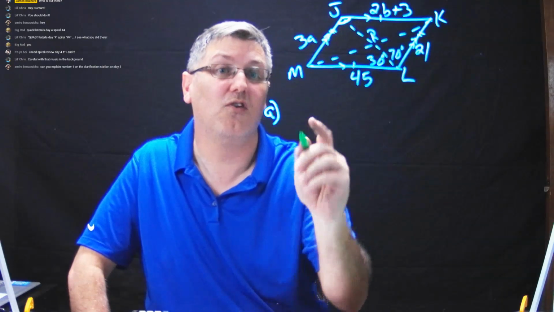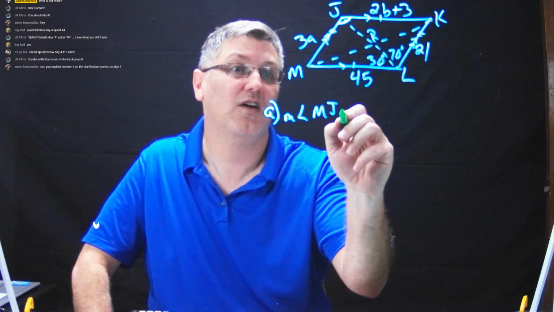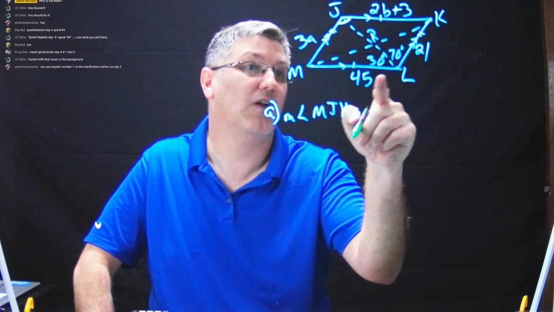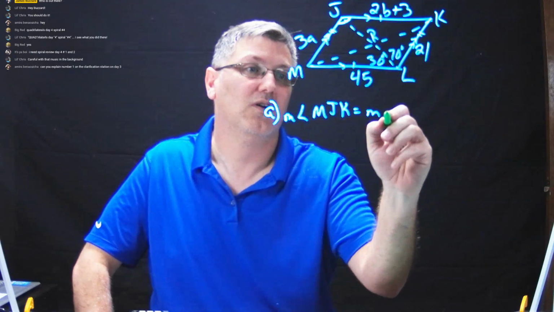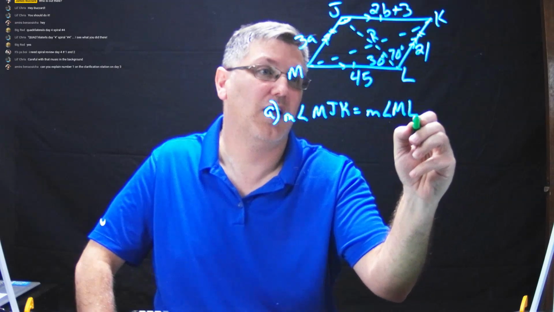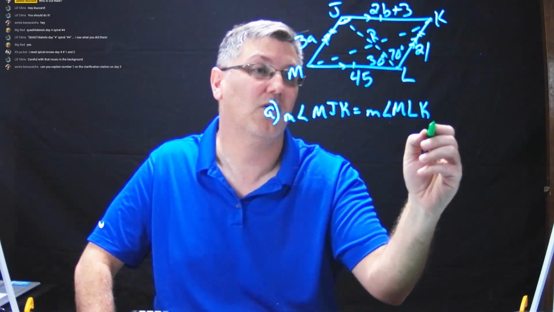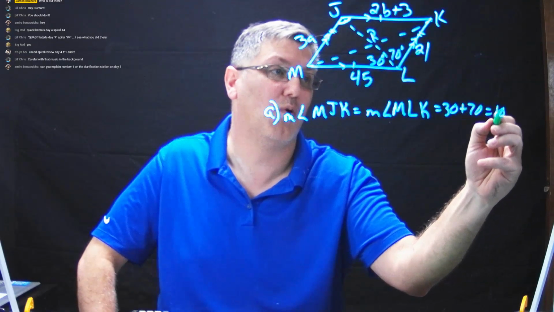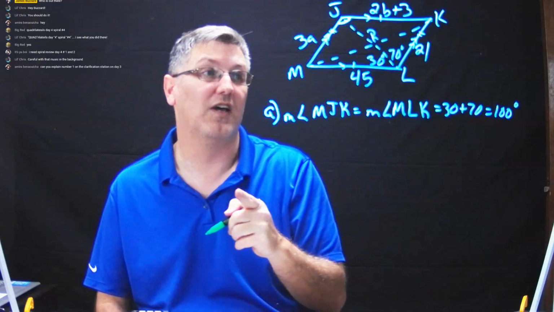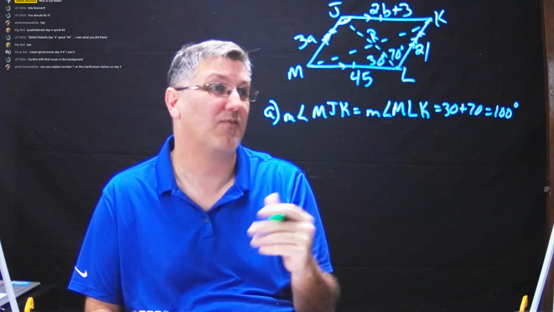So the measure of angle MJK is going to be the same as the measure of angle MLK, this whole angle here, which is 30 plus 70, giving me 100 degrees. So that's A. Just knowing the properties of the parallelogram makes your life a little easier.